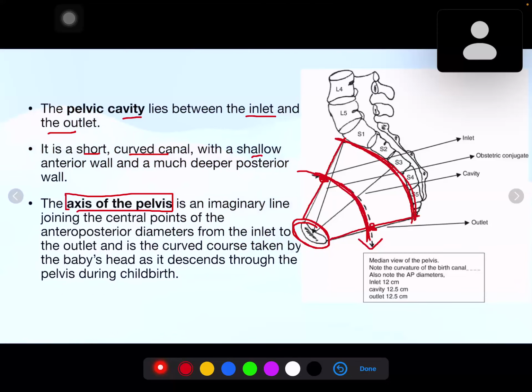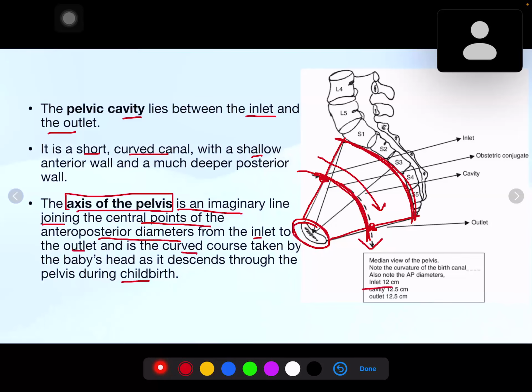And why is this axis important? Because the baby's fetal head has to pass through this axis. So the axis is an imaginary line joining the central points of the AP diameters from inlet to the outlet. It is the curved course taken by the baby's head as it descends through the pelvis during childbirth. So this is a very important axis as well.